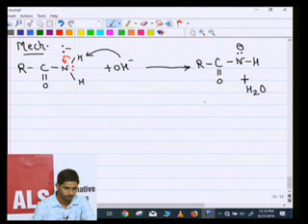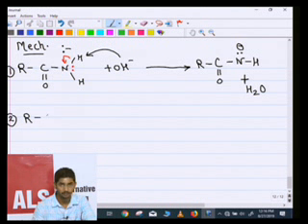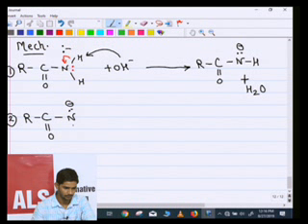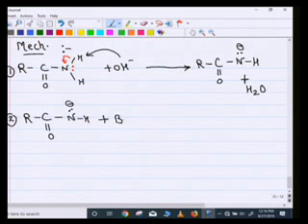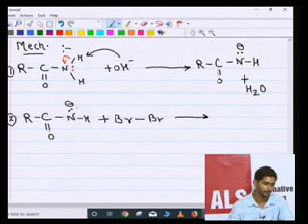Now this is step number 1. In step number 2, R CO N H will attack on Br2. See what happened?